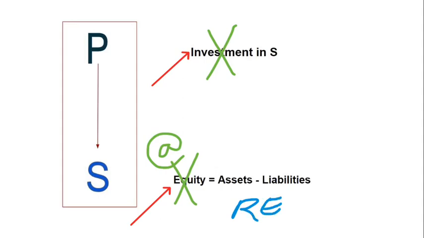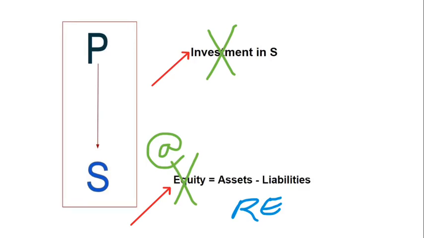Now, retained earnings is the accumulated profits of the subsidiary up to that date. That means that the accumulated profits included in the retained earnings of the subsidiary was accumulated by this subsidiary before the group was formed, before acquisition date. And for that reason, that retained earnings and equity of the subsidiary is not allowed to be in the group because it wasn't accumulated by the group. So that's another reason why that equity eliminates at acquisition date.